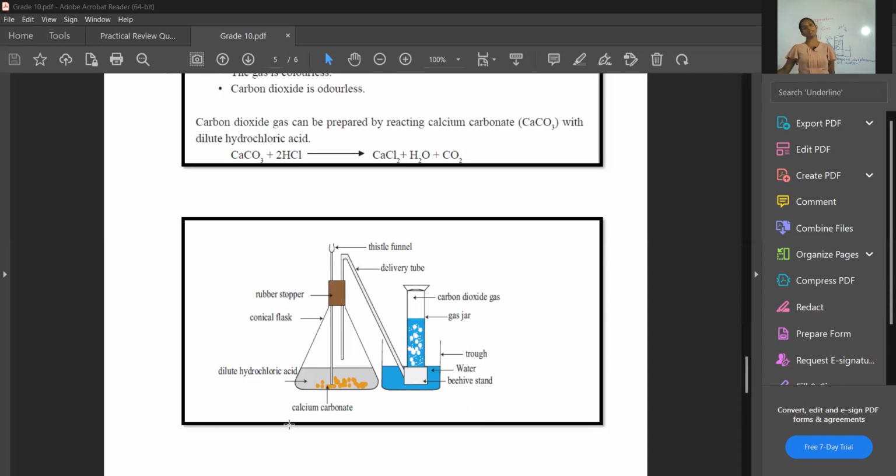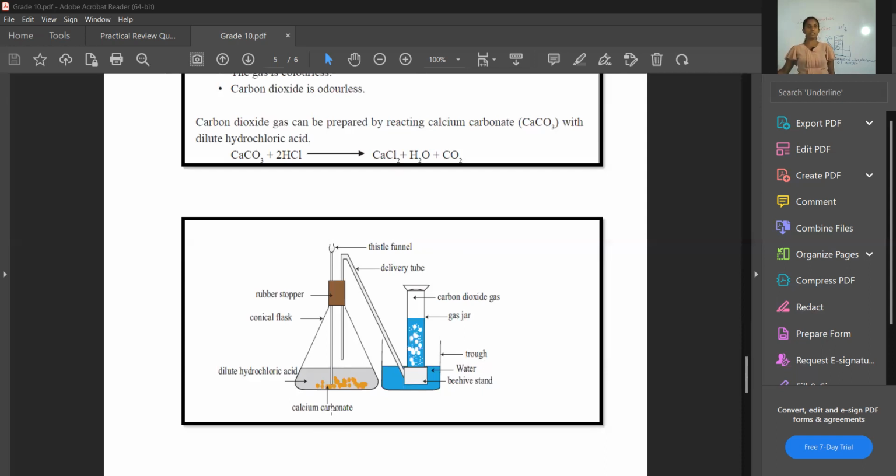You can ask: if you don't have calcium carbonate in the school lab, what can you use to prepare carbon dioxide gas? What are the things that you can supply from the environment?